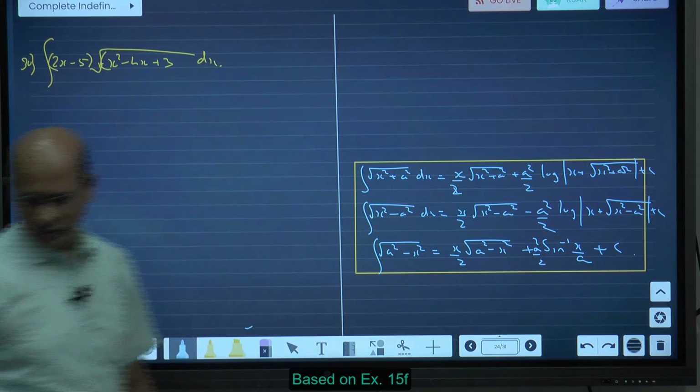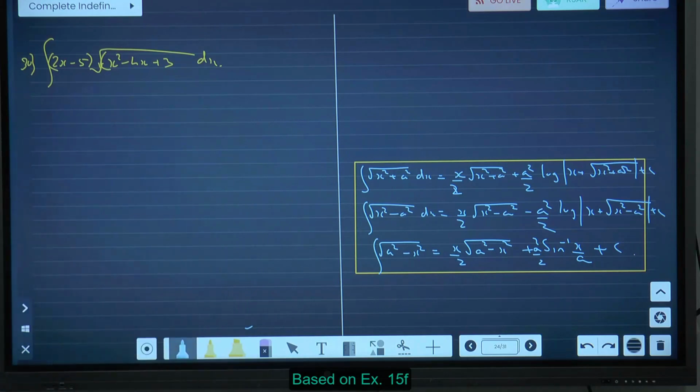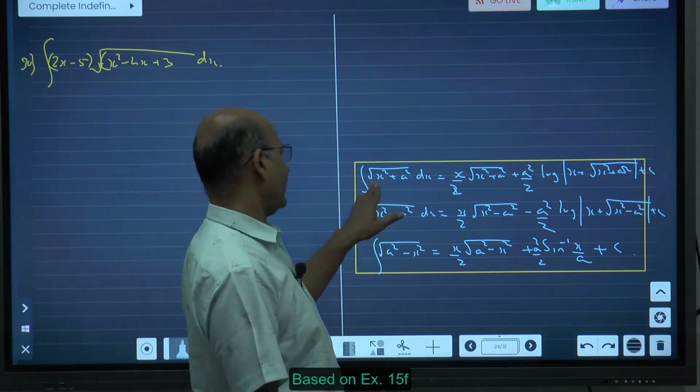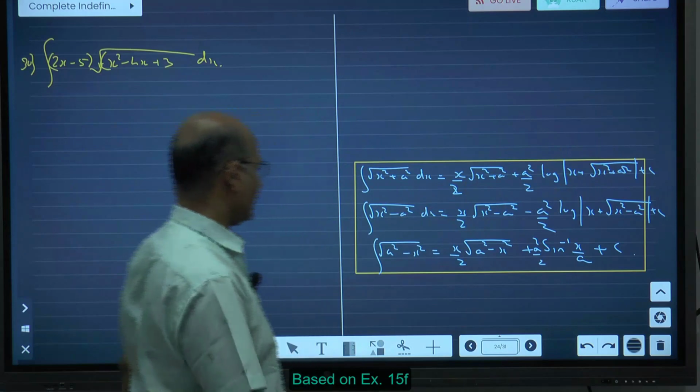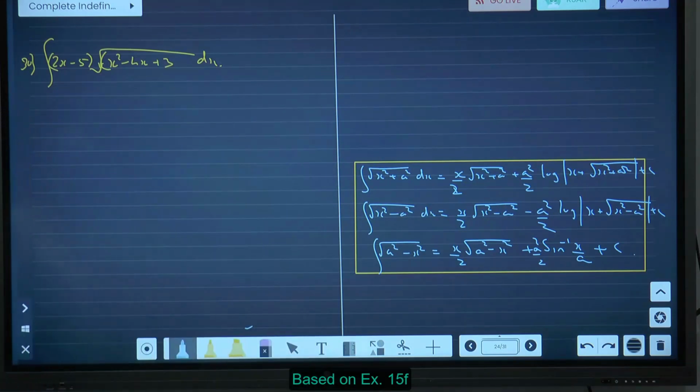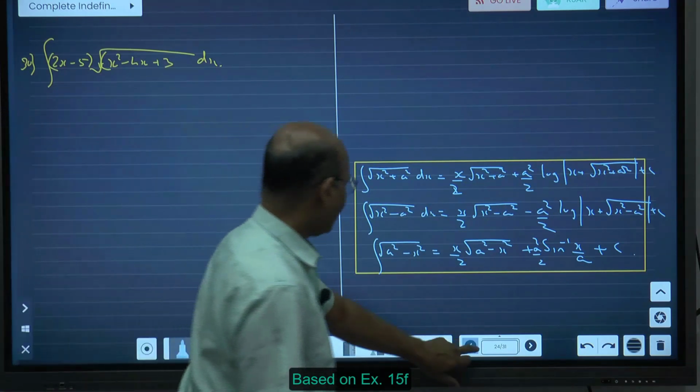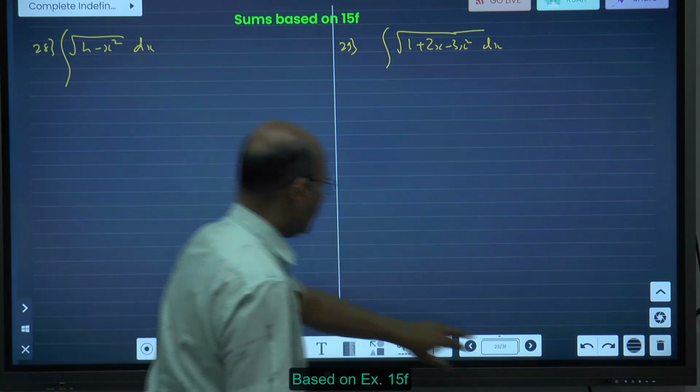Have a look at this formula, children. Got it here? Right. In some textbooks this is given as a square plus x square, a square plus x square. Doesn't make any difference, they are the same thing. So now, I missed out something here, one second. Now, look at this now.